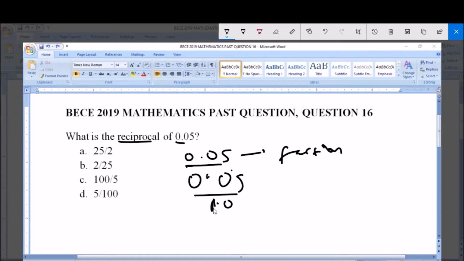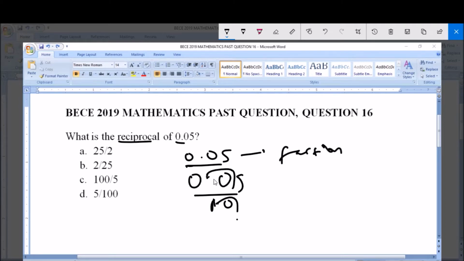Anything that is done to the numerator must be done to the denominator. Since we have 0.05 and want the numerator to be a whole number, we move this decimal point one place to the right, and also the decimal point in the denominator one place to the right.